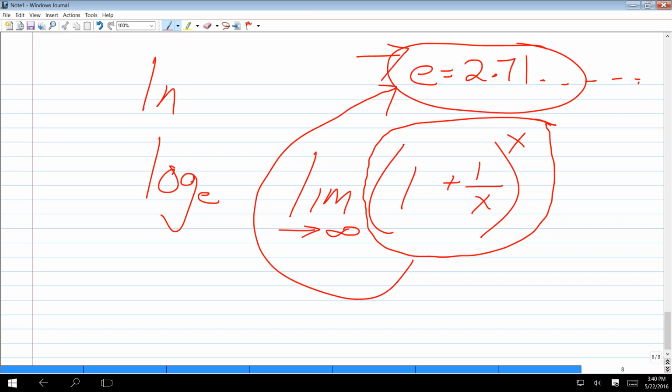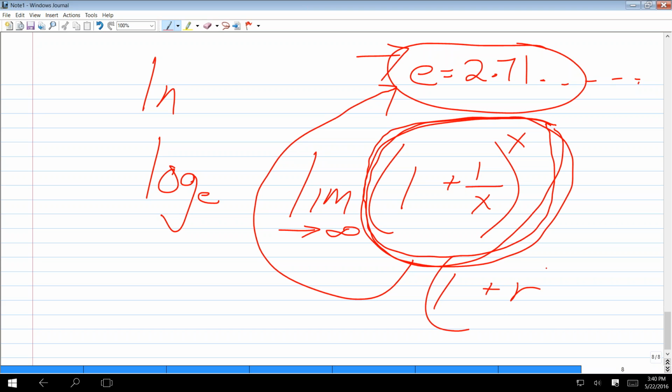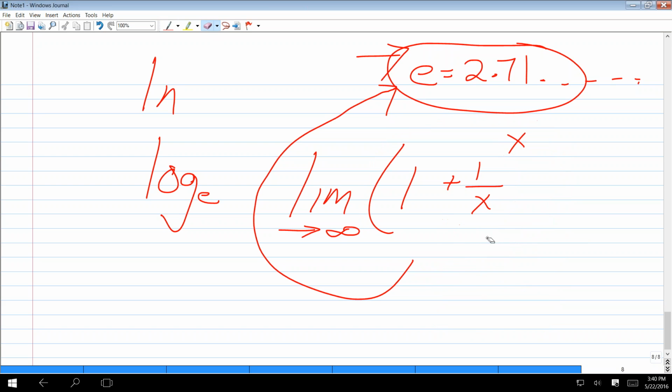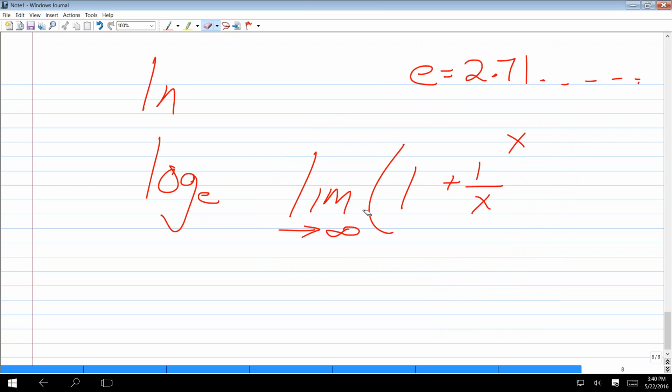And this is what happens with all of those processes. Like interest rates: it's 1 plus some rate taken to a power, some number of years. And that kind of matches that. And like I said, it applies to so many things in the world that e is without a doubt the second most important number in math.